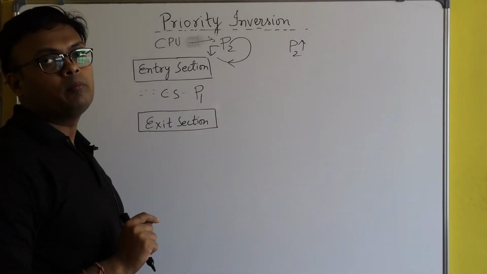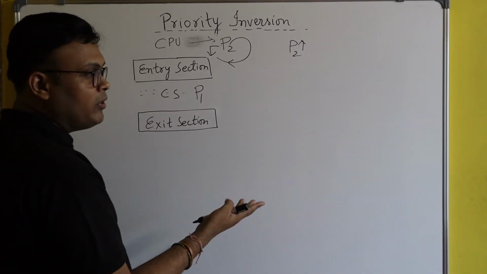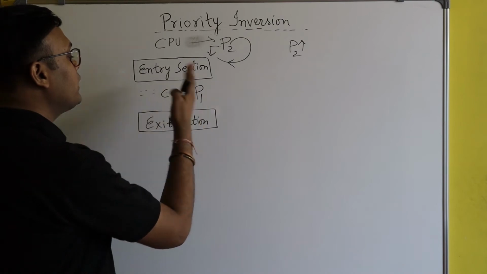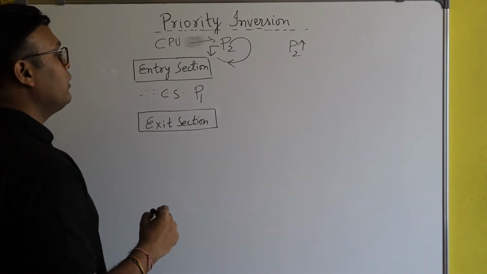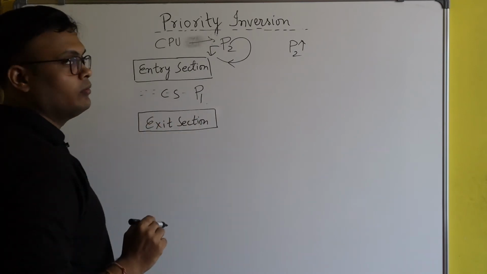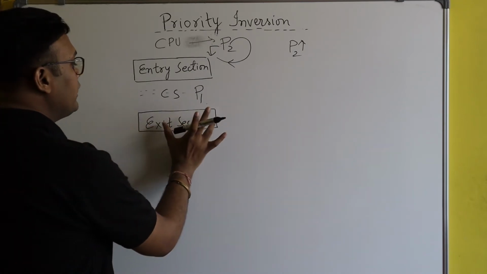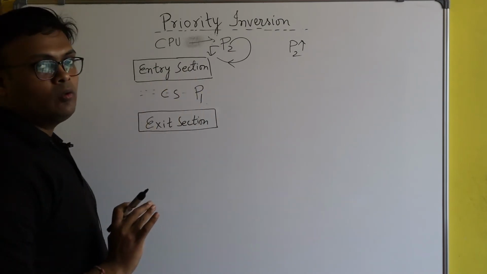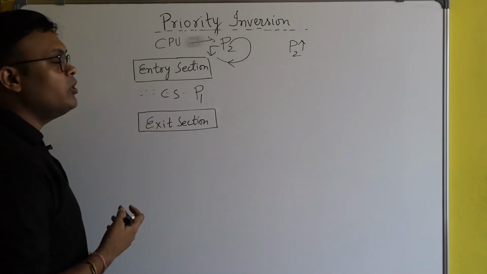Then only the while loop can be broken. But P1 can't come out from the critical section. Why? Because P1 doesn't have the CPU. And P1 can't execute this exit section, because in order to execute it, P1 needs the CPU, and P1 can't get the CPU.